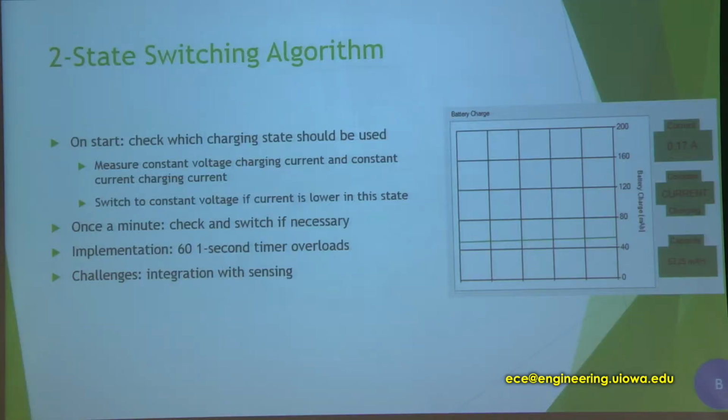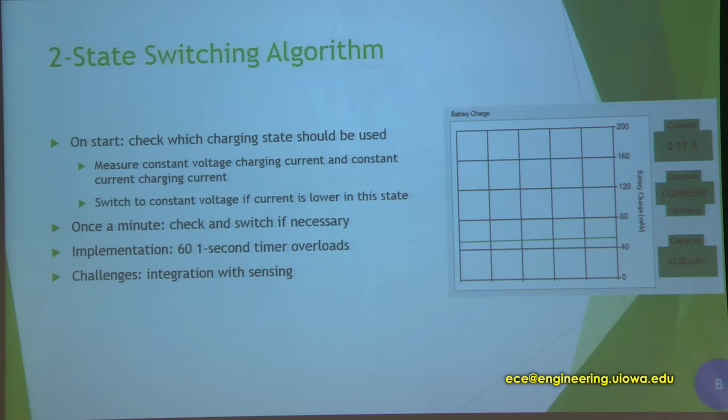So the firmware algorithm for this two-state switching has two parts. The first is when you're charging the battery, you need constant current charging, and you have to detect when you need to switch to constant voltage charging.